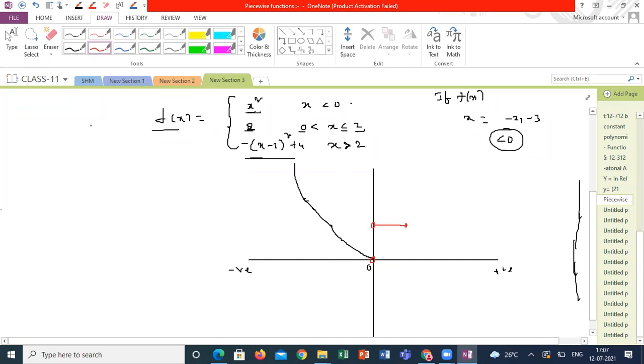Expanding this, it becomes minus x square plus 4x minus 4 plus 4, which is minus x square plus 4x. How does the minus x square plus 4x graph look?